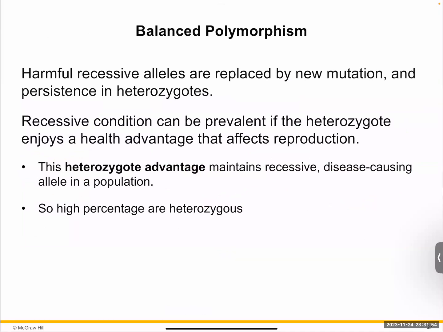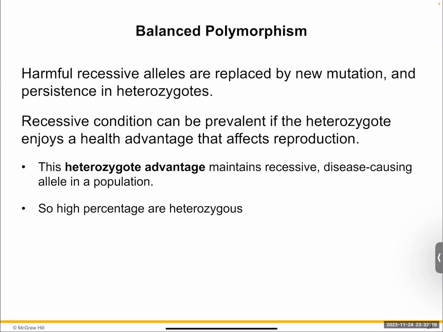Now, the last thing I want to talk about, which I think is again really interesting, is when we have mutations which are recessive, so autosomal recessive genes, where if you have two copies of them, that will cause a major medical condition or disease within humans.